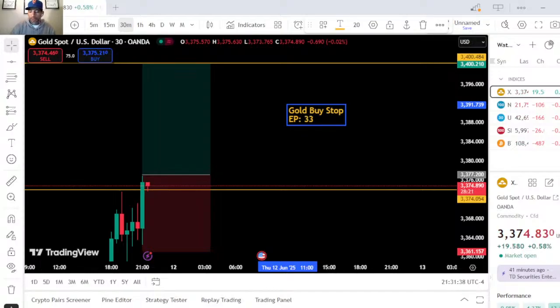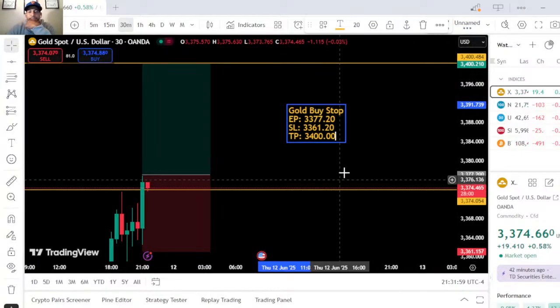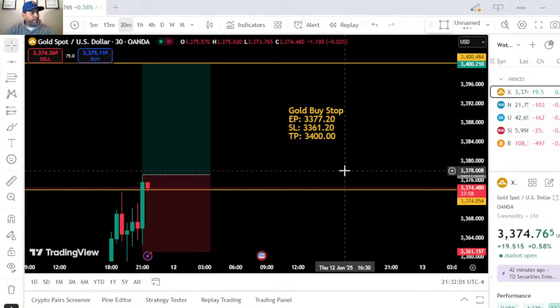Entry is going to be 3377.20. And our TP is going to be the range all the way at the top, 3,400. That's going to be the target. All right. Let's see if we make that move all the way to the top now.